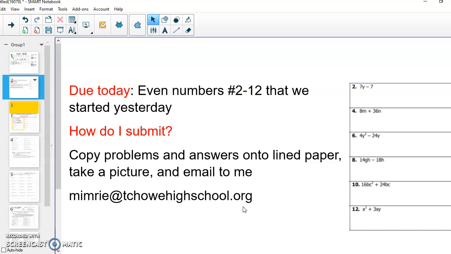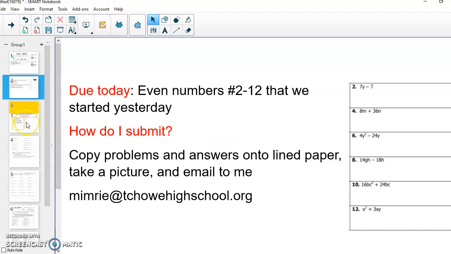If you don't understand these directions, please text me on my Google Voice number or send me an email. Problems 2, 4, 6, 8, 10, and 12 are copied on lined paper. You solve them by factoring out the greatest common factor, and they are due in my inbox with a picture by the end of the day today.